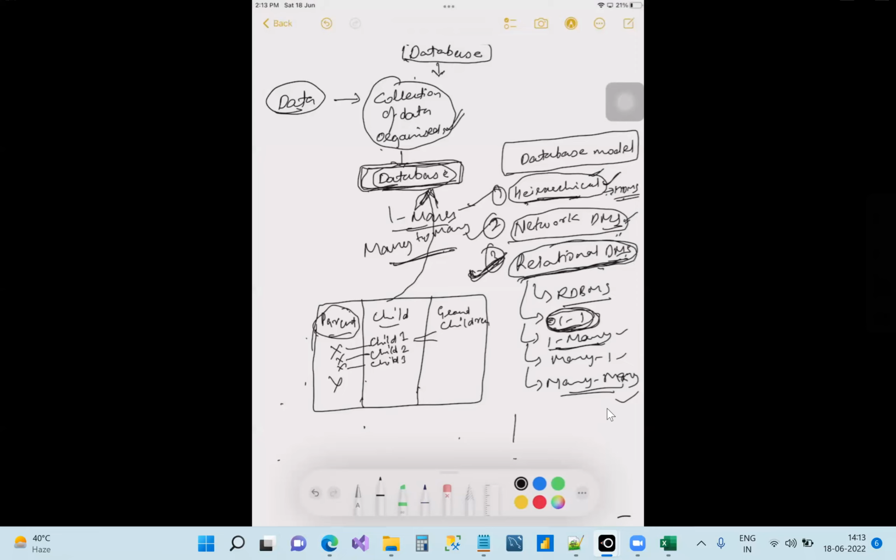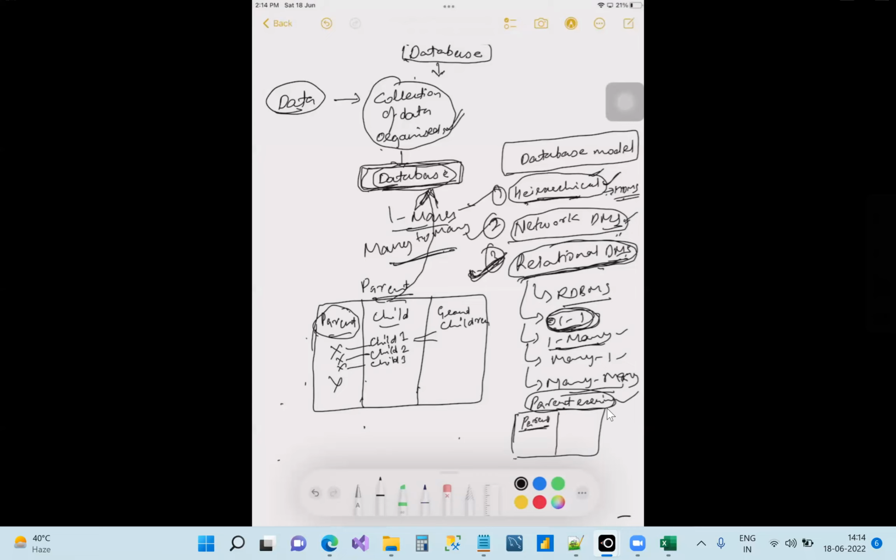From another table, suppose this is the parent table, and suppose this is the parent earnings table. In these two tables, we can easily draw a relationship on the basis of a single column, parent.